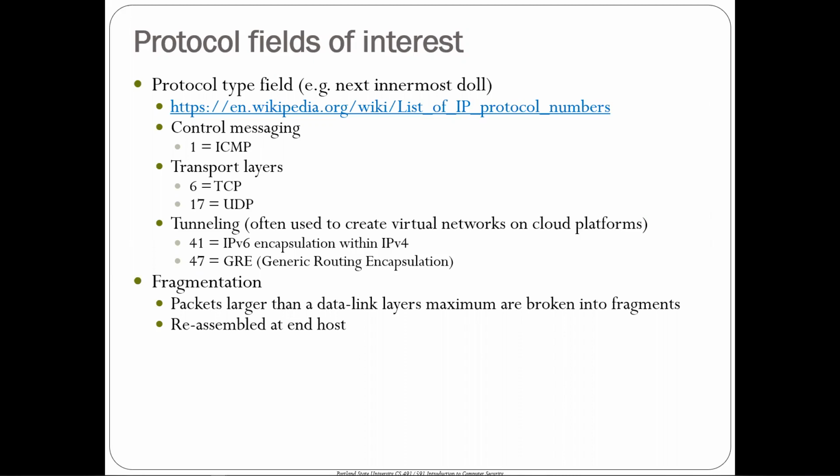Fragments are forwarded eventually all the way to the end host. And it's only at the end host that you reassemble the original IP packet and then send it up.